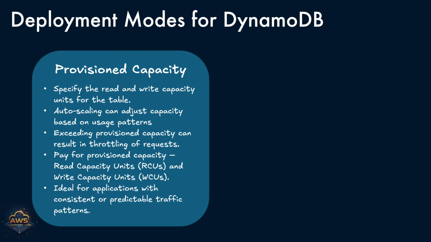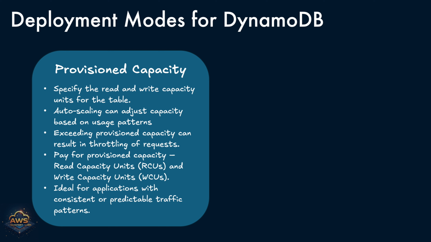This feature monitors the utilization of your table and automatically increases or decreases the provisioned throughput based on defined thresholds and actual usage. It ensures that your application remains performant during sudden traffic spikes while scaling down during low activity periods to save costs.